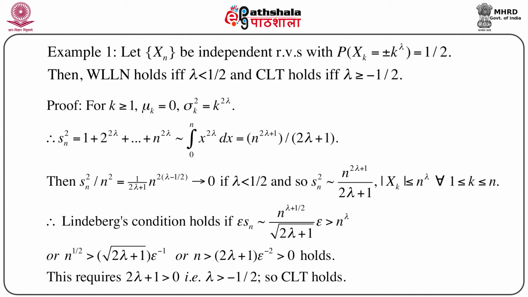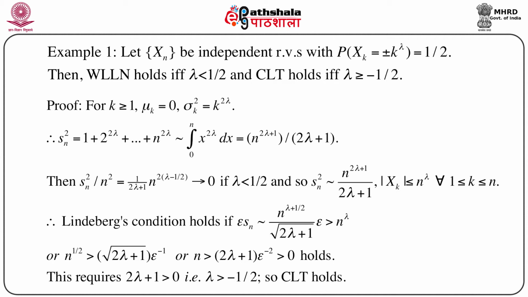Now, this requires another condition, that is 2 lambda plus 1 must be positive. That means lambda must be greater than minus half. So Lindeberg's condition holds if lambda is greater than minus half, and in that case CLT will also hold. So we have proved that CLT holds if and only if lambda is greater than minus half.